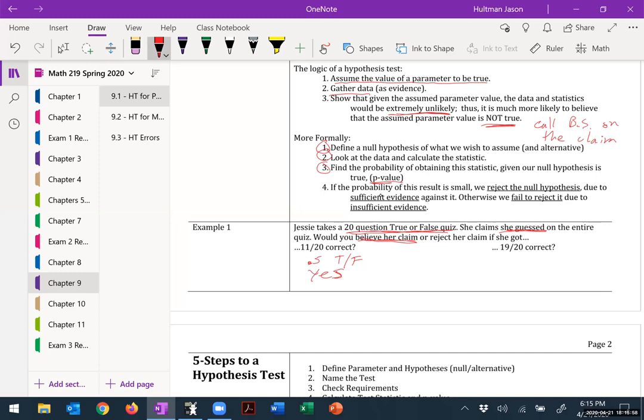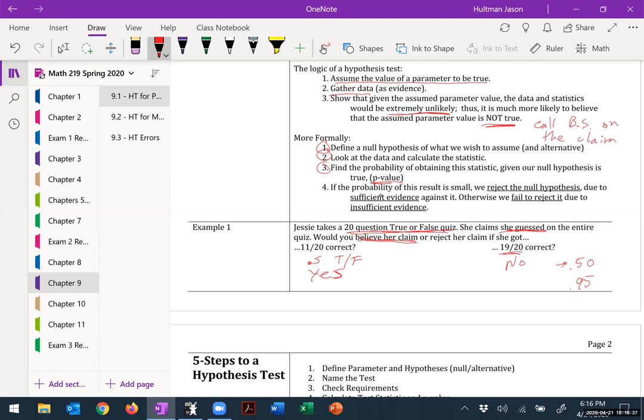But 19 out of 20 correct by just guessing, that's pretty unbelievable. So I'm going to put a no there. She claimed that she guessed, which means she should have gotten 50%, but our statistic, the actual result, is 0.95, or 95%.